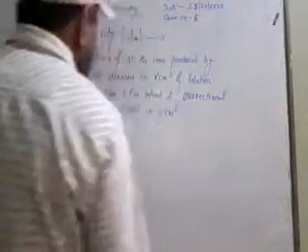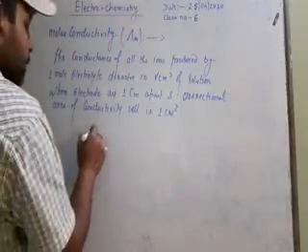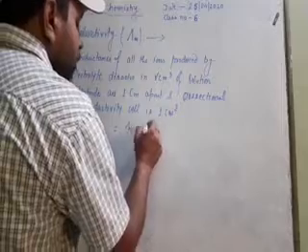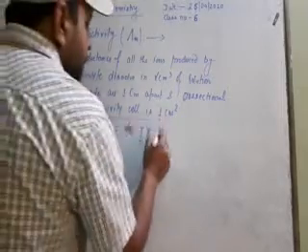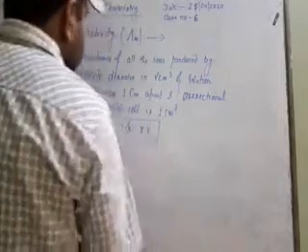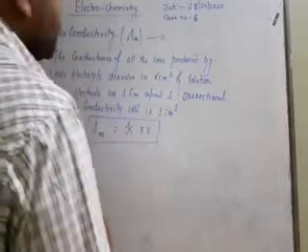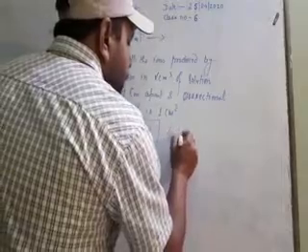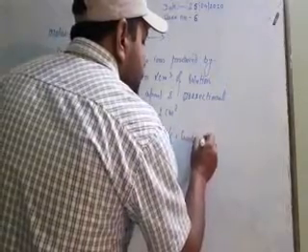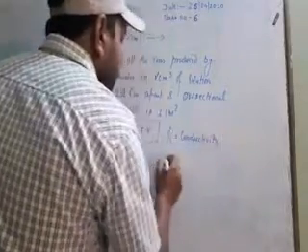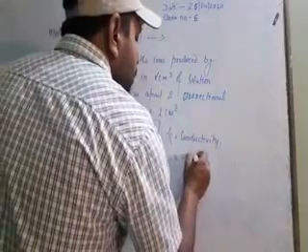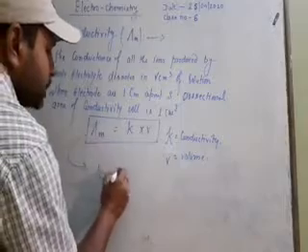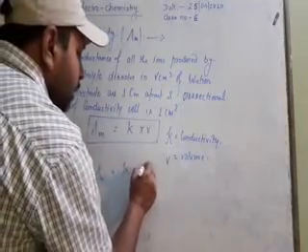Now students, cap M equals conductivity into volume. It is the formula to calculate the molar conductivity, students. We know kappa is conductivity and V is volume. This formula is also written as conductivity into 1000 by molarity.